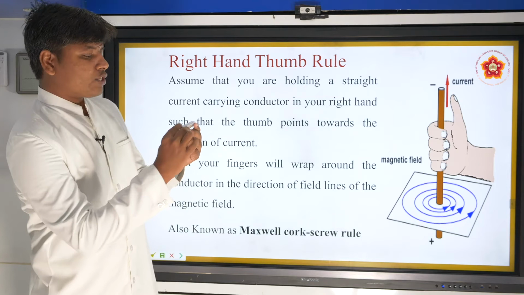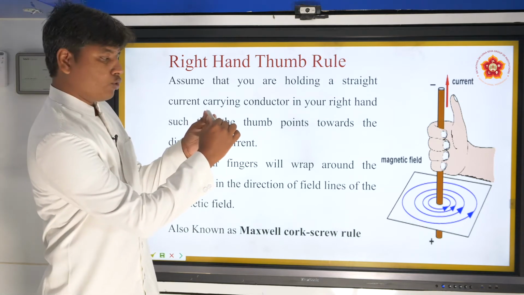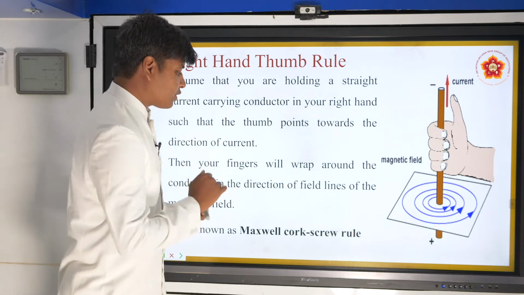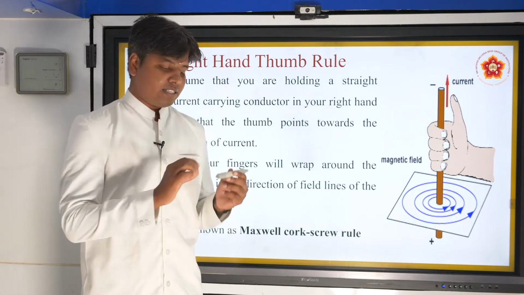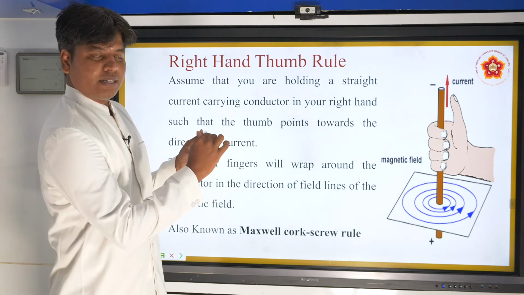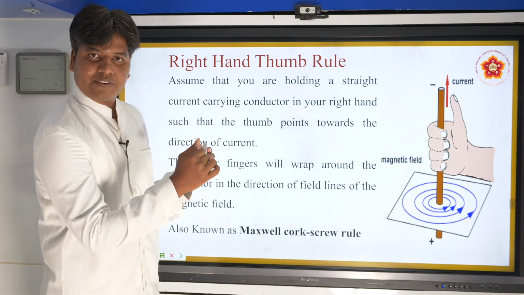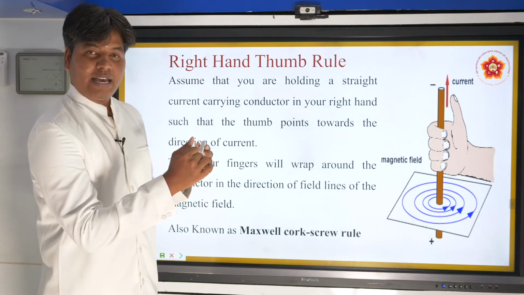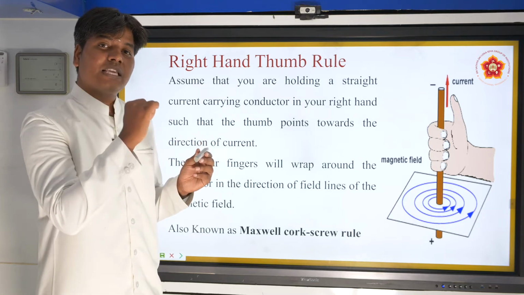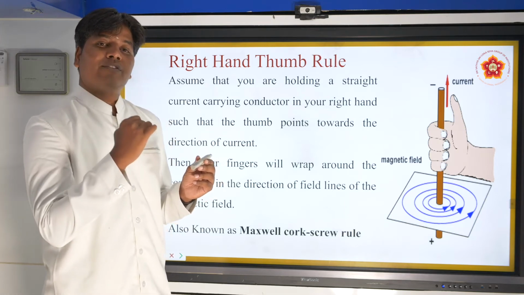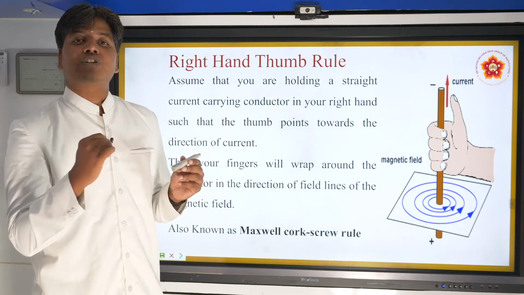Now we just rotate this using the thumb. So what Maxwell's corkscrew rule tells us is, the rotation of the thumb gives me the direction of the magnetic field. Alright, and the direction of current is given by how the screw advances. The screw advance direction will be the direction of the current.